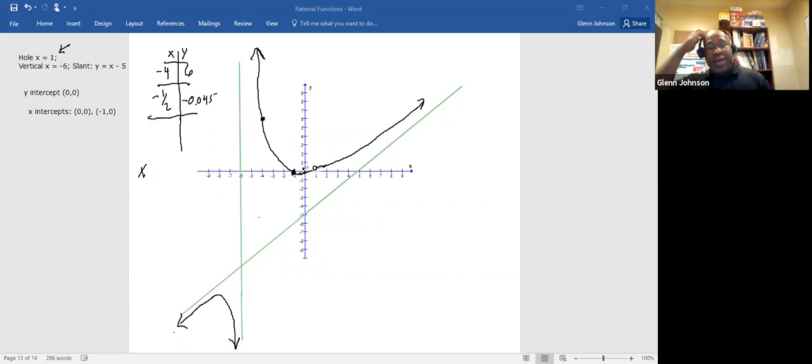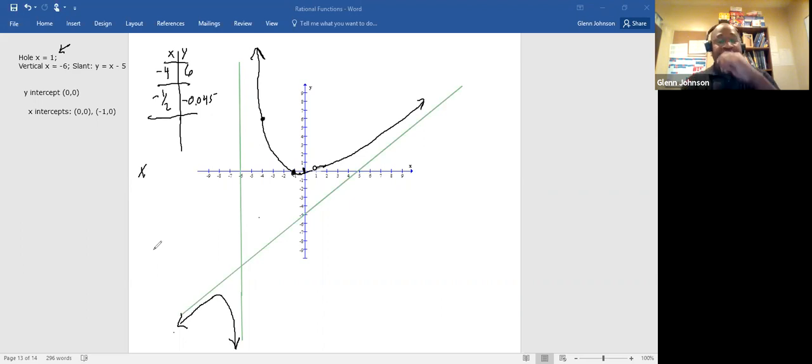Okay, so the hole in the graph is going to look something like that. Usually you have like an open circle to represent the location of the hole in the graph. All right, so that would be the sketch of this rational function.